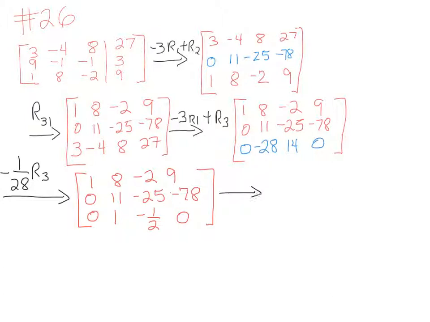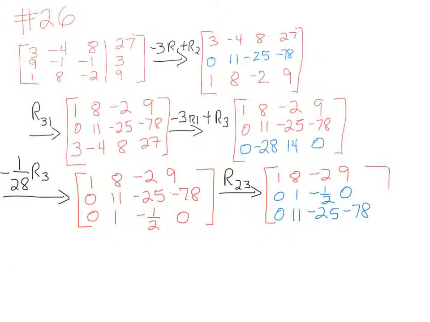You're going to exchange which rows? The second and the third. So we keep the first one, 1, 8, negative 2, 9. And the ones that are going to flip are 0, 1, negative 1/2, 0. Then it's 0, 11, negative 25, and negative 78. So those two flipped around.